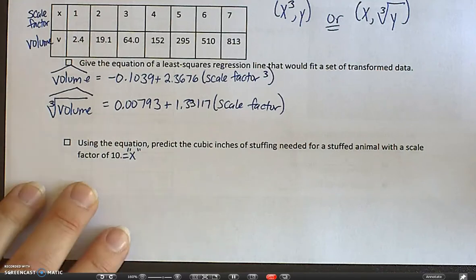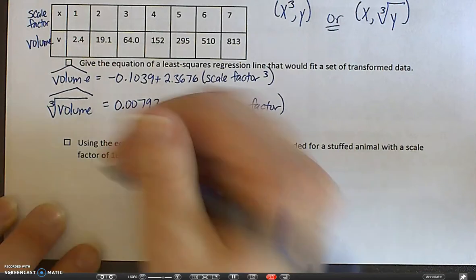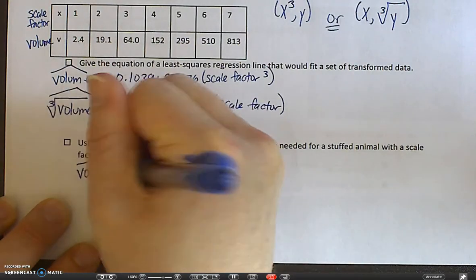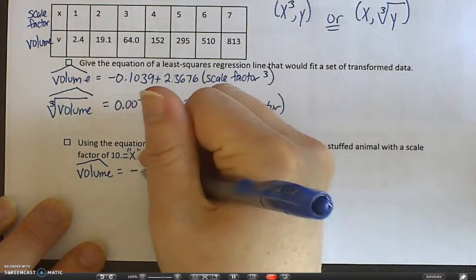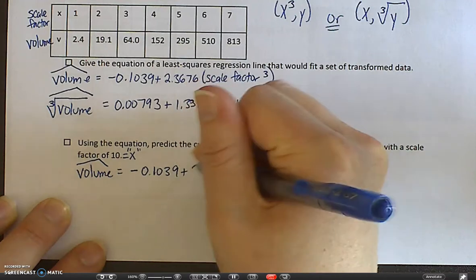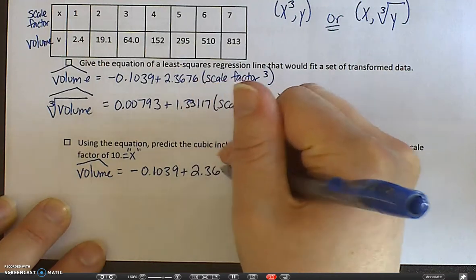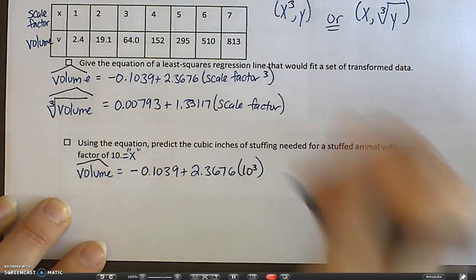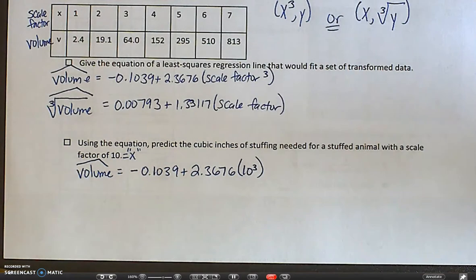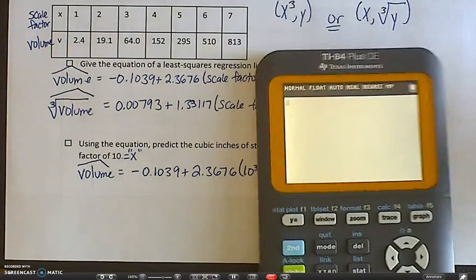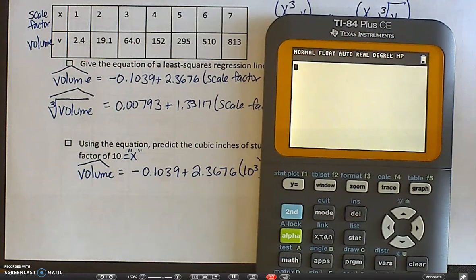So for the first transformation, where my volume is approximated by negative 0.1039 plus 2.3676, I'm going to put 10, but I need to cube it because my scale factor was cubed. I'm going to put that in my calculator and see what it gets me.